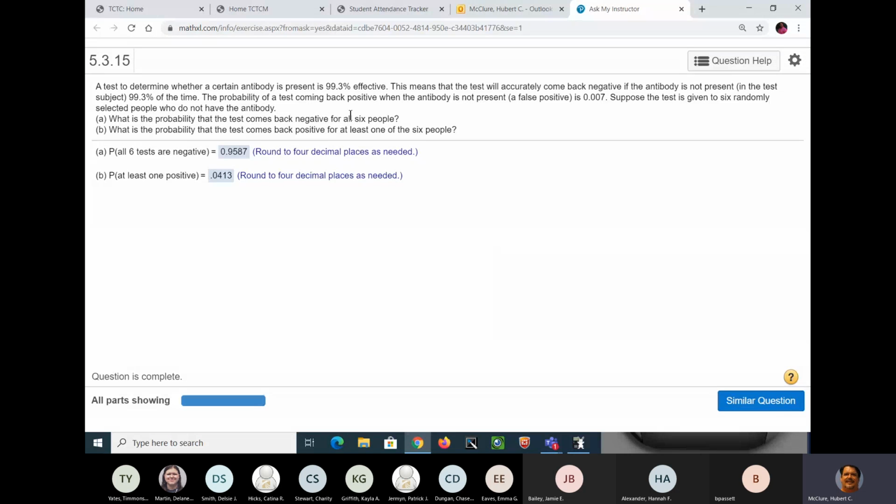So with this problem, you want to raise this 0.993 to whatever power you got. That'd be to the 6th power. I can't highlight it for some reason. To the 6th power. And then subtract that from 1. And that would be the probability of at least 1, which would be 1 minus 0.